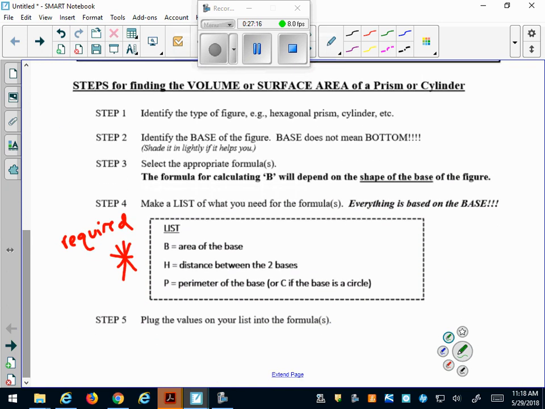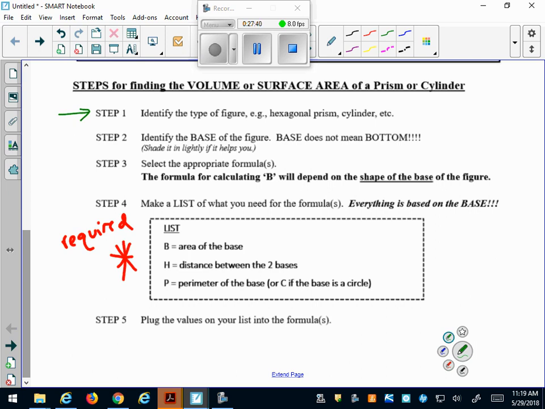Okay, so this just lists out the steps for finding surface area and volume of prisms and cylinders. Okay, we're going to do one together, but there's where you can go to find the list. Something I want to point out before we do one. Step 1, important.